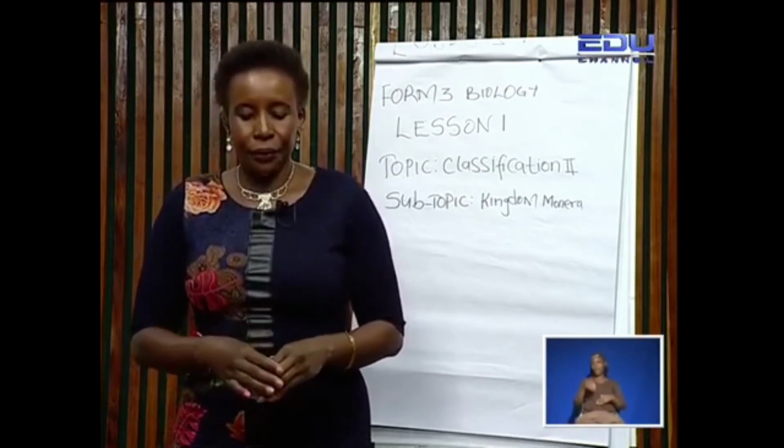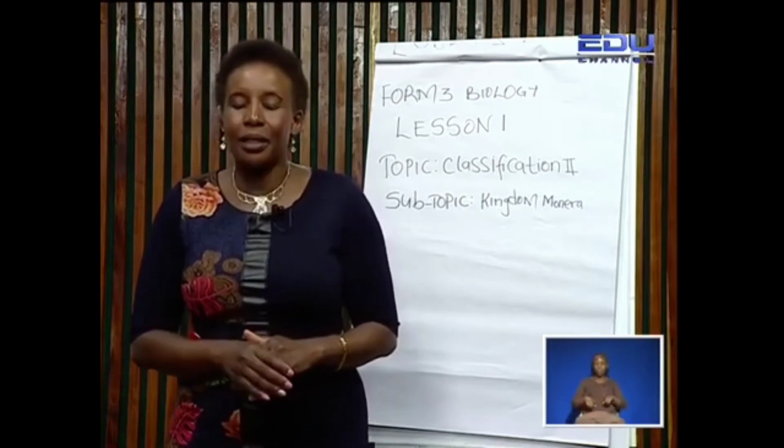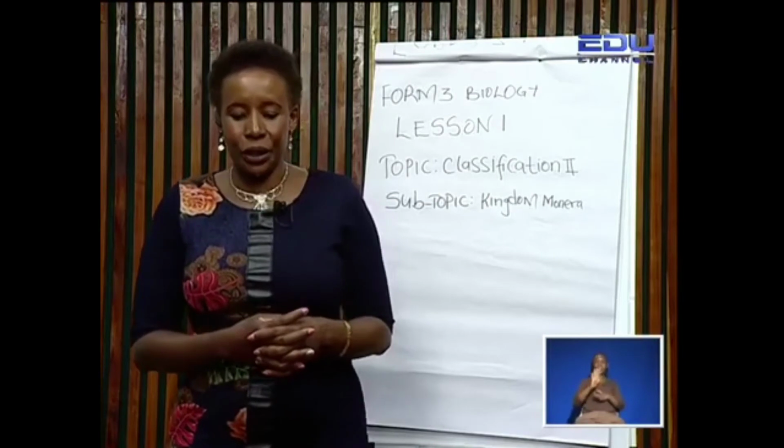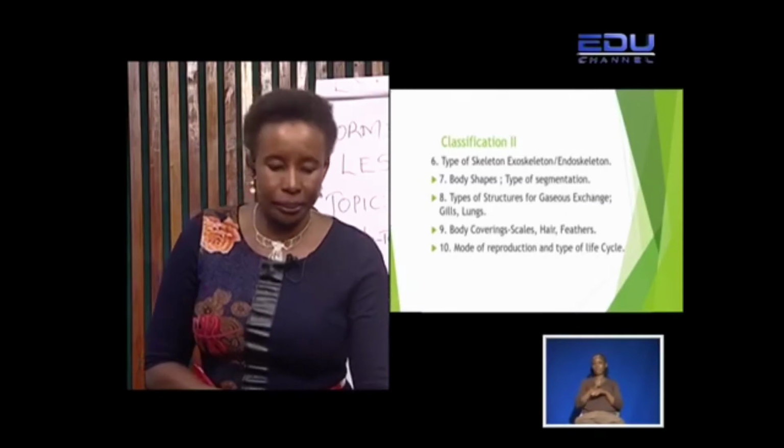The other feature that can be used to classify living organisms is the structures of the gaseous exchange. So some of them use gills like fish, others use lungs like man, others use skins like frogs, others use the lining of the buccal cavity again like frogs.